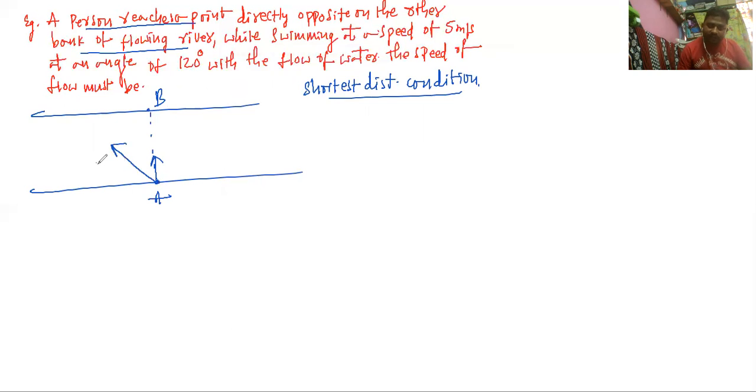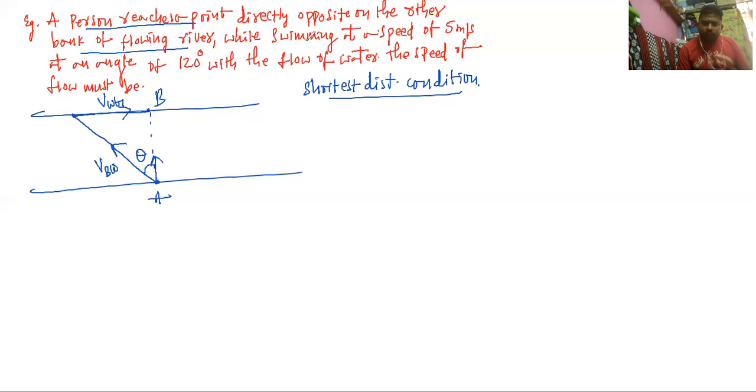So what is that? This is velocity of the boat with respect to what? With respect to still water. At some angle he must start. Okay, so let's see. This is the complete V_BW and this is complete V_WG, velocity of the water with respect to ground. Now look at here, my dear students. Theta.